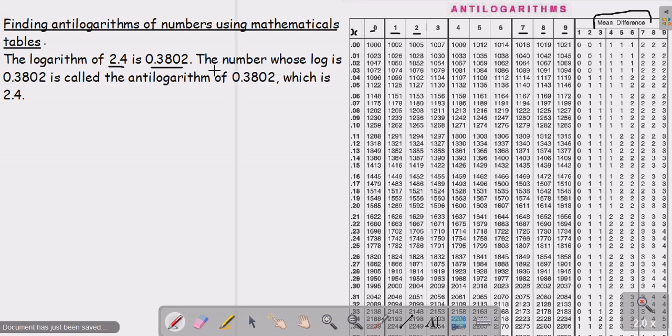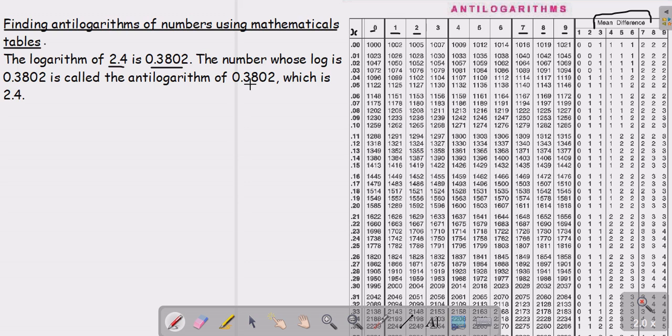But when we say the number whose log is 0.3802, that is the same as saying antilogarithm.